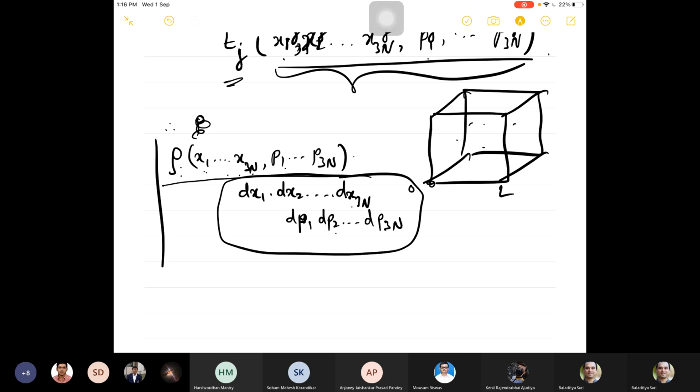Now the probability of finding the system in a tiny volume dx1, dx2, and so on up to dx3n times dp1, dp2, and so on up to dp3n is the product of this density times the volume element.